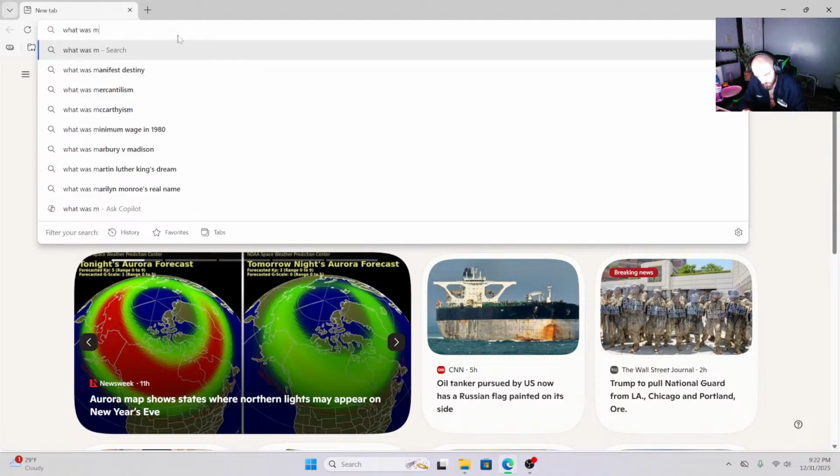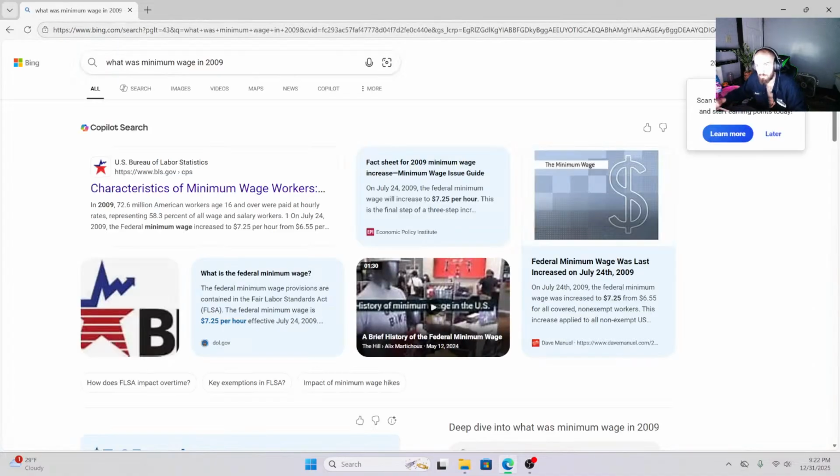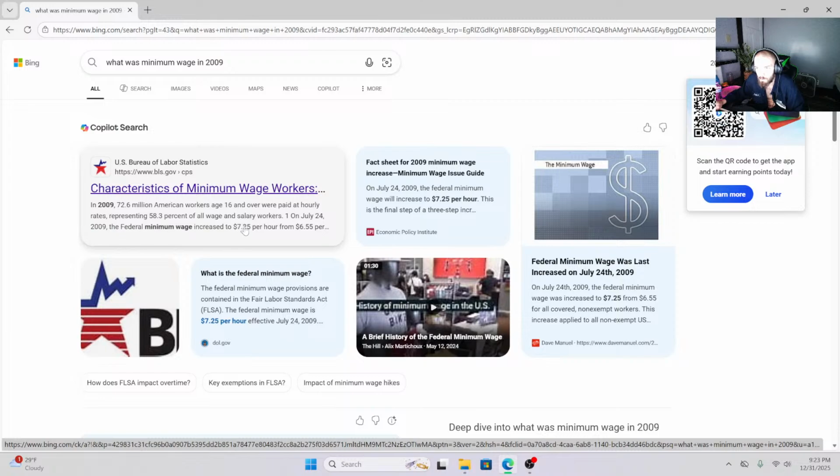What was minimum wage in 2009? Oh, 2009 federal minimum wage, they gave a little bit of a raise there, almost a dollar, $7.25. That's federal minimum wage.